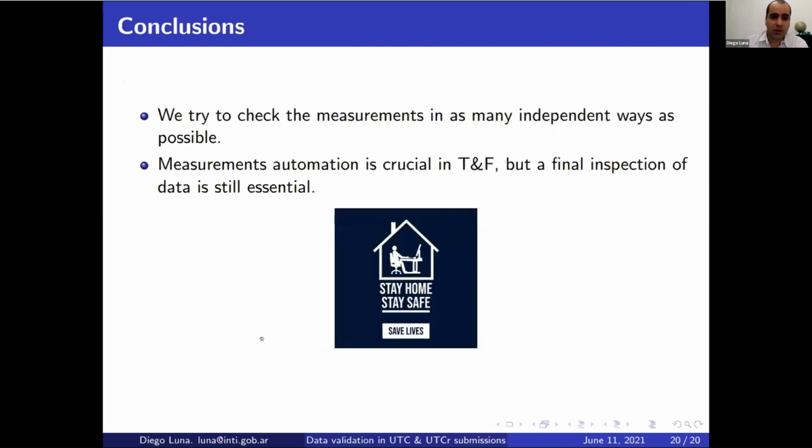So as a concluding remark, what we do is we try to check the measurements in as many independent ways as possible, as I just mentioned. And another conclusion we have is that measurement automation is crucial in time and frequency. Of course, you cannot be 7 days a week making measurements in a laboratory, but there is always a need for a final inspection of the data that has to be done.